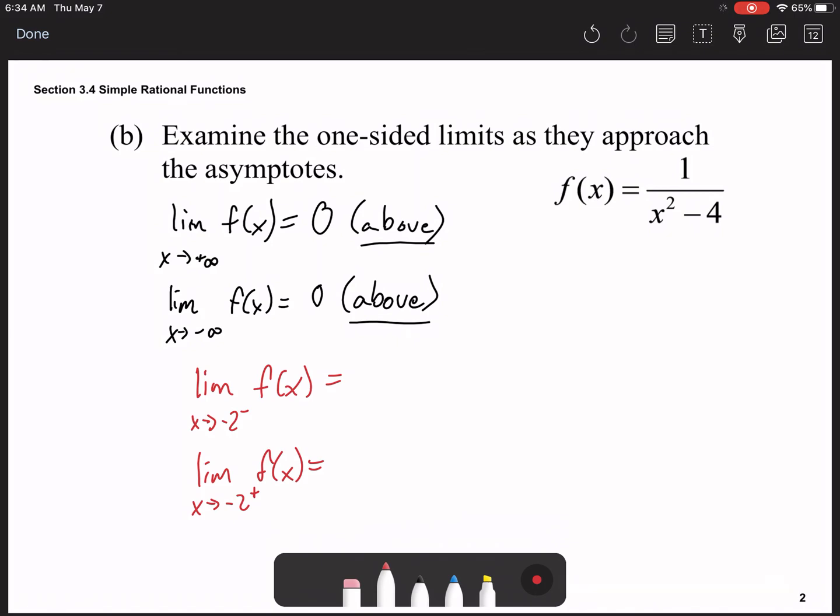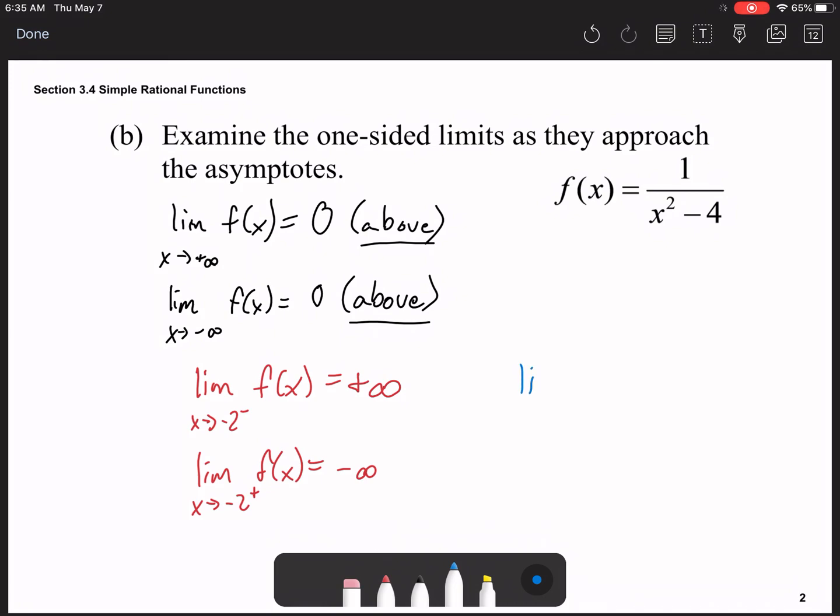We substitute it in, and you'll see that you get really large numbers that are positive. So this one's approaching positive infinity. Do the same thing again, but choose values very close to negative 2 from the right, so close to negative 1.999, let's say. Put that in, and you get a value very close to negative infinity. In this case, it turned out to be negative 250, so getting closer to negative infinity.